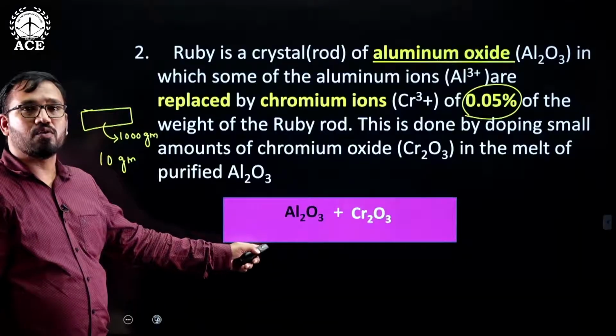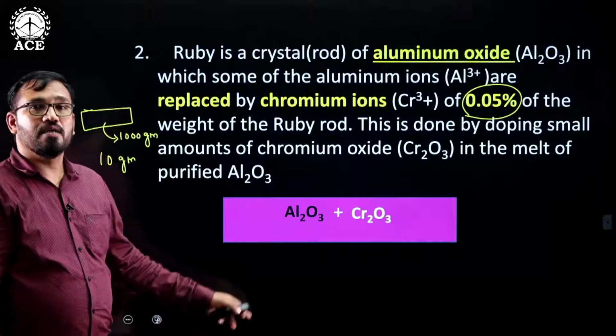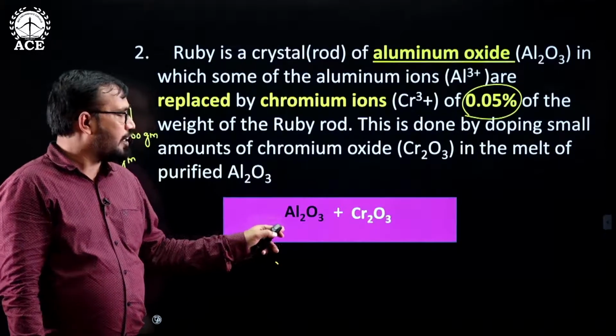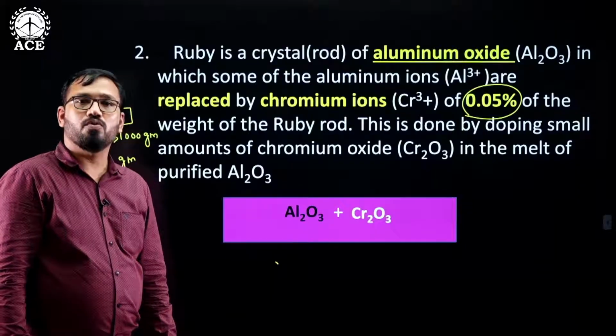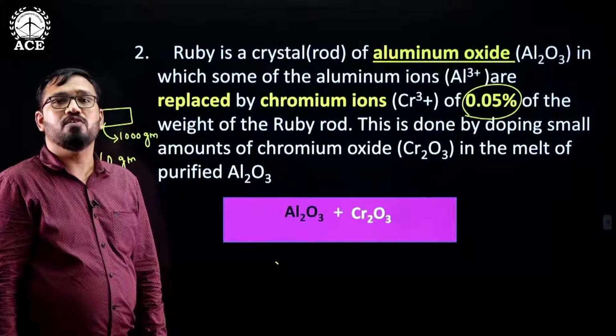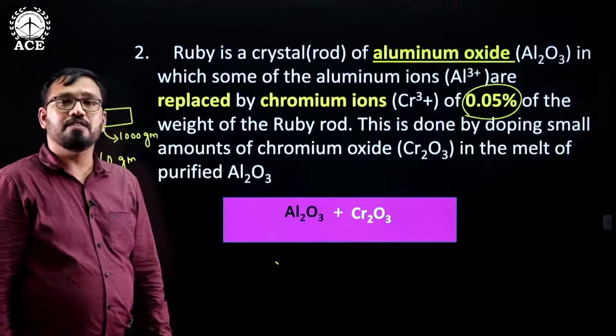What happened to this ruby rod? It takes on a color. Which color are you seeing here? Very good, pink color. So Al2O3 is doped with Cr2O3, only 0.05% of the weight of the ruby rod, and the color of the ruby rod is pink.